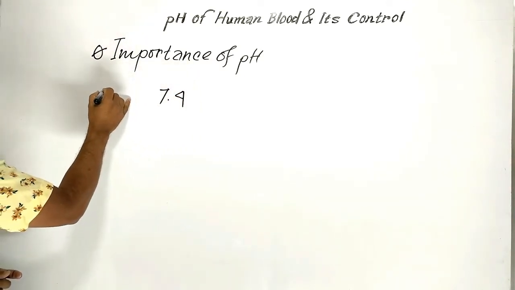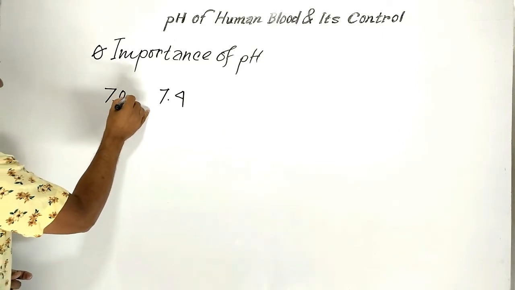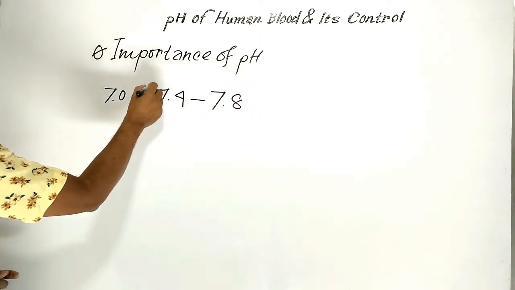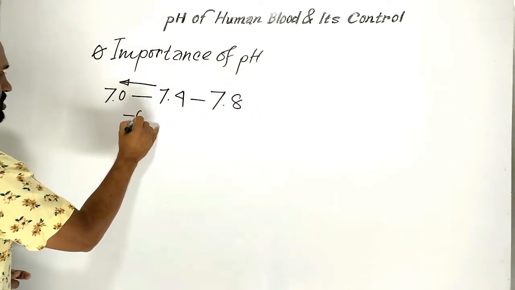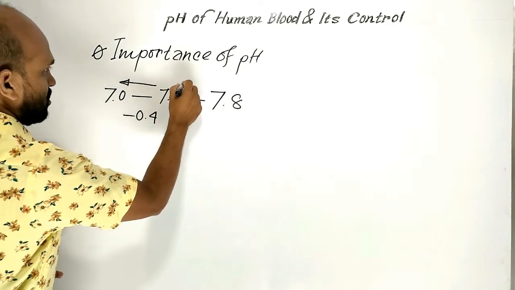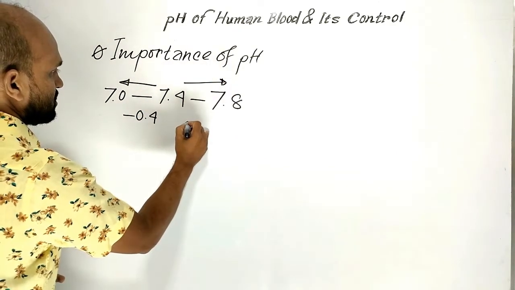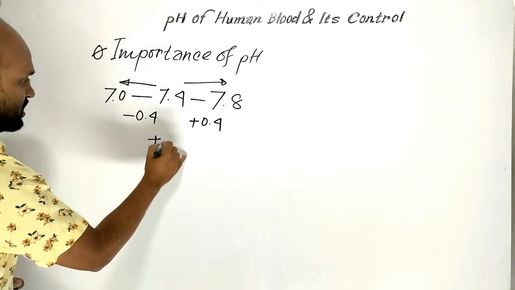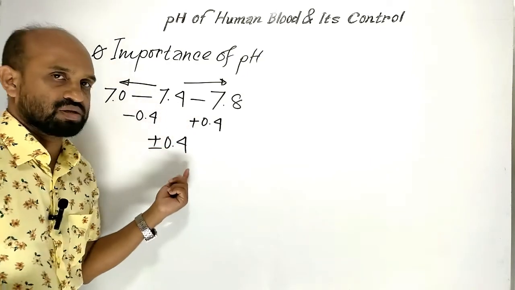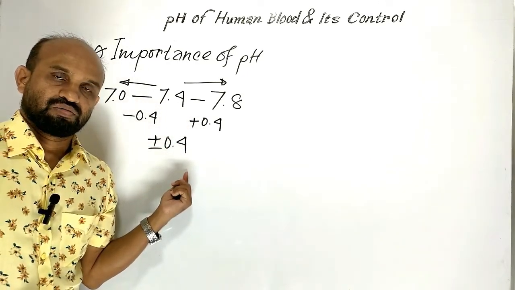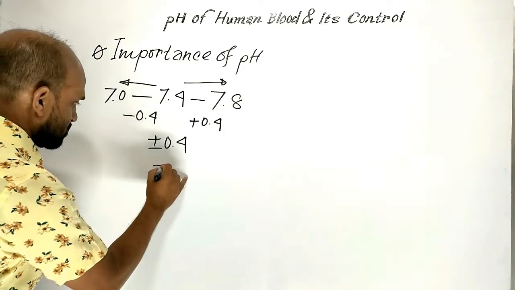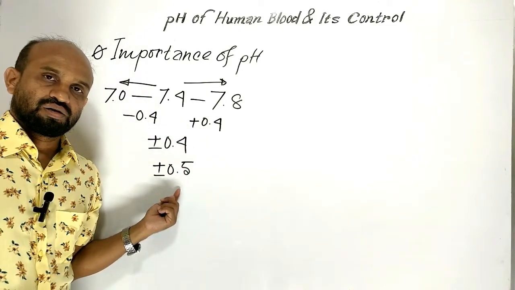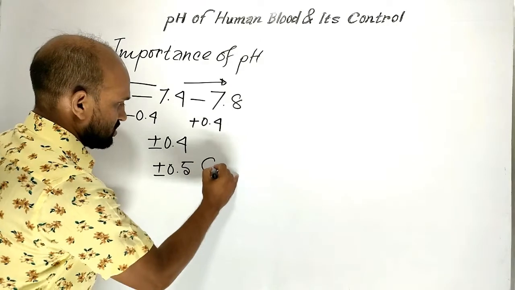It can vary from 7.0 to 7.8 by decreasing 0.4 or by increasing 0.4. That is, plus minus 0.4 is acceptable. But when it goes out of 0.5, then life becomes critical.